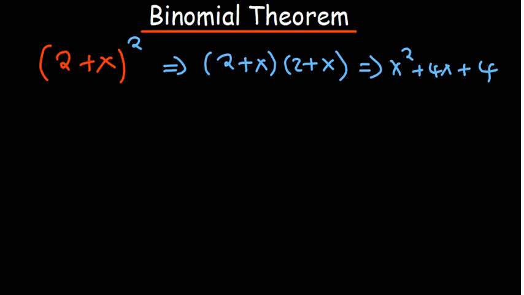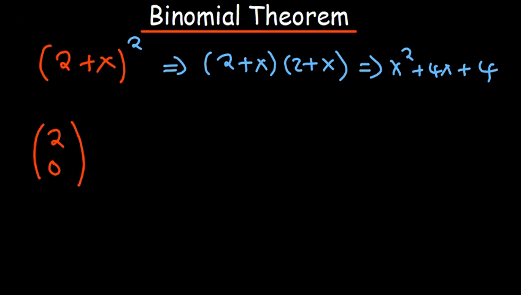Now, how would you handle that using the binomial theorem? So for the binomial theorem, remember in this case our a is 2, our x is our b, and our power is n. So you say your n is 2, and then of course always start from 0, so 2 choose 0. What are we going to have?